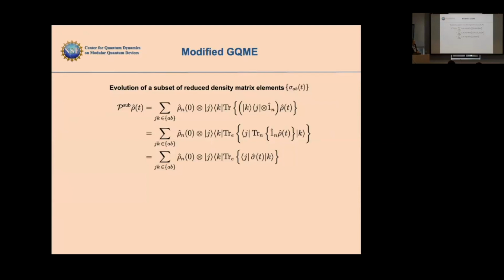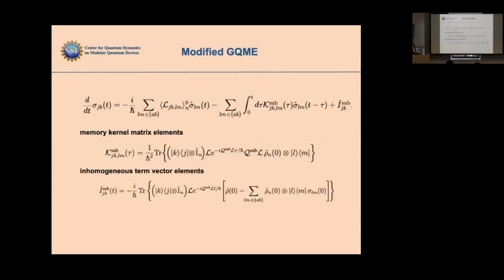And with that, you obtain a projected density matrix in that subset or subspace of elements of the reduced density matrix associated with electronic degrees of freedom. So this is what this object is about.